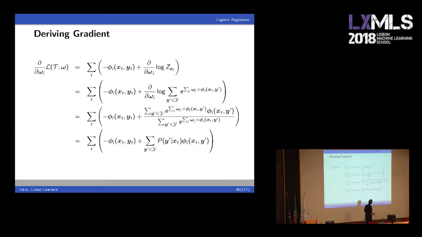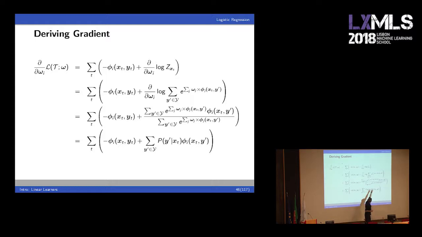The inner is a sum over e up to the something, so it's a sum over e up to the something times the derivative of the inner, which, as before for the linear function, is phi i of xt, y.